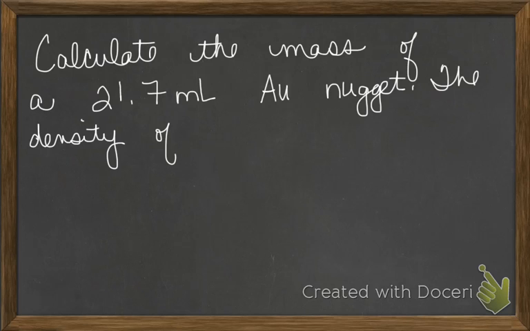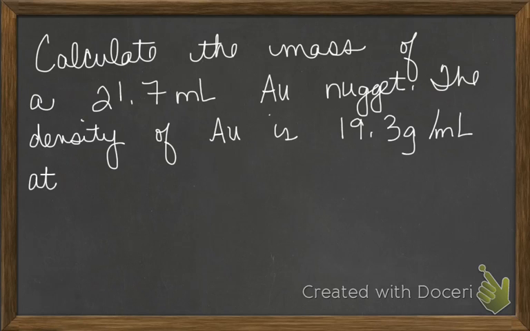The density of gold is 19.3 grams per milliliter at 25 degrees Celsius.